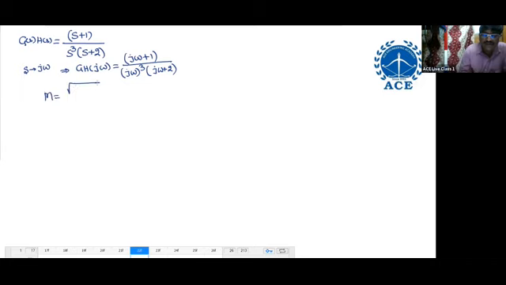Magnitude: root of omega square plus 1 by omega cube root of omega square plus 4. Phase angle is minus 270 plus tan inverse omega minus tan inverse omega by 2.